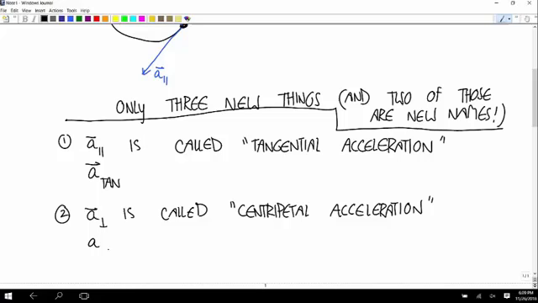And I'm going to write that as a sin. And it's called that because if something's moving along a circular path, that perpendicular acceleration always points towards the center of the circle. So that's what this word centripetal means, toward the center.